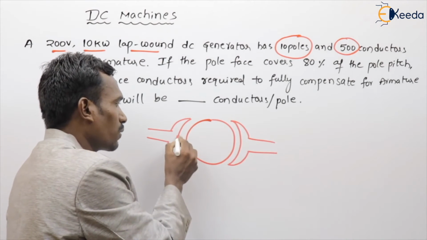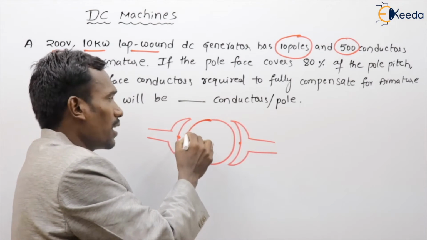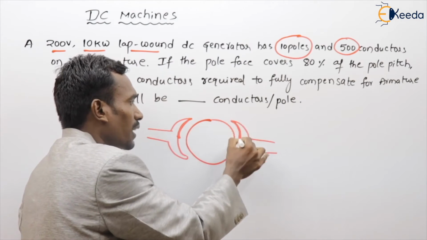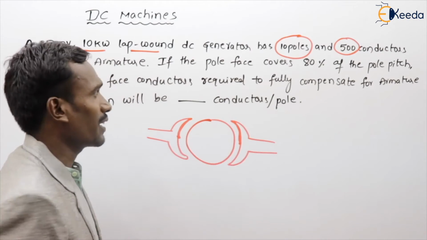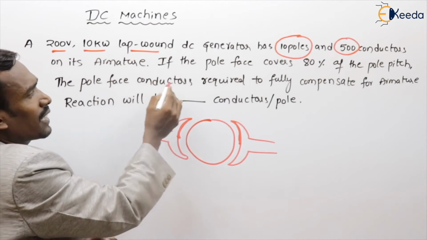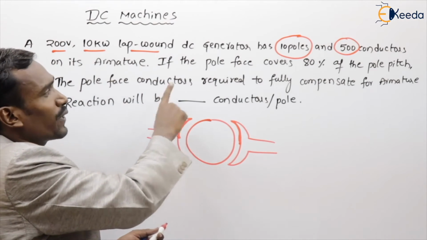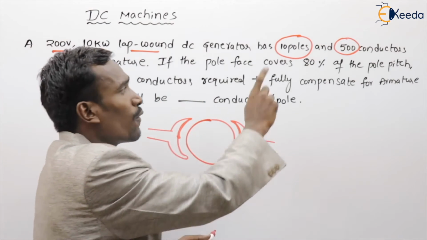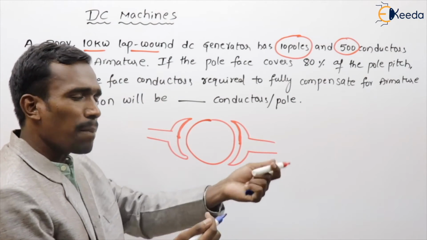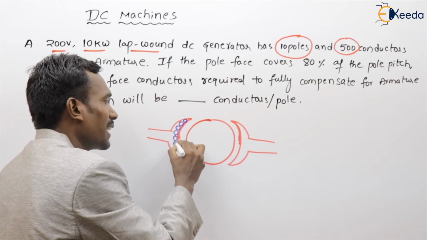Pole pitch is nothing but the distance between two adjacent poles. Of this pole pitch, 80% is the pole face. The question asks for the pole face conductors required to fully compensate for armature reaction. Generally, to compensate the armature reaction we use the compensating winding.